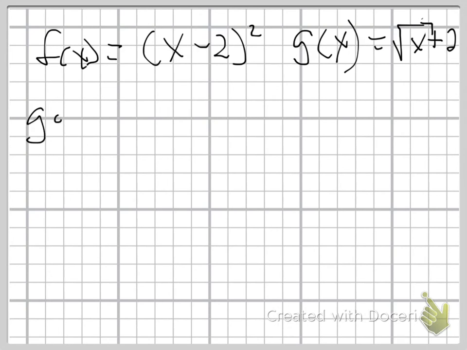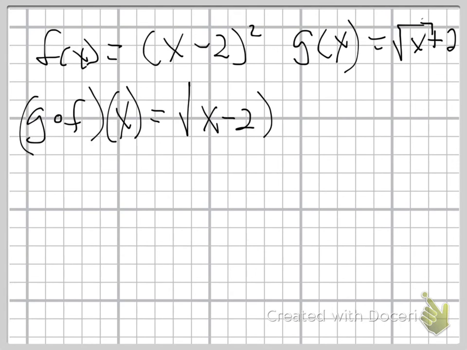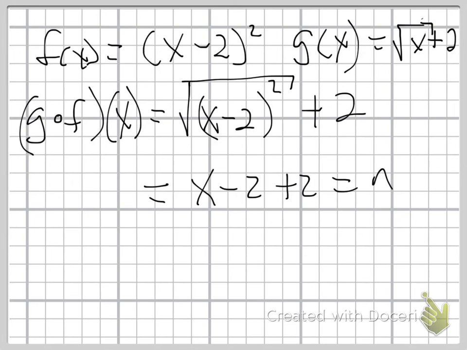This time let's find g of f of x. So I'm going to have the square root of x minus 2 squared plus 2. That becomes x minus 2 plus 2, which is, lo and behold, x. Therefore, inverses. And all is right with the world.